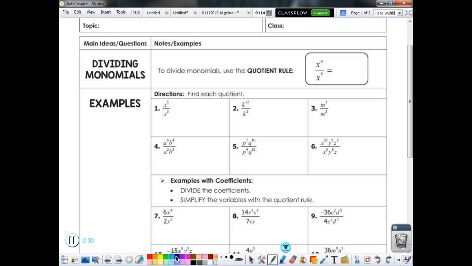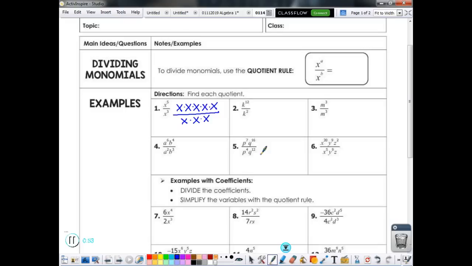Okay, so I know x to the power of 5 means x times x times x times x times x, right? And x cubed means x times x times x. What is x divided by x? 1, right?